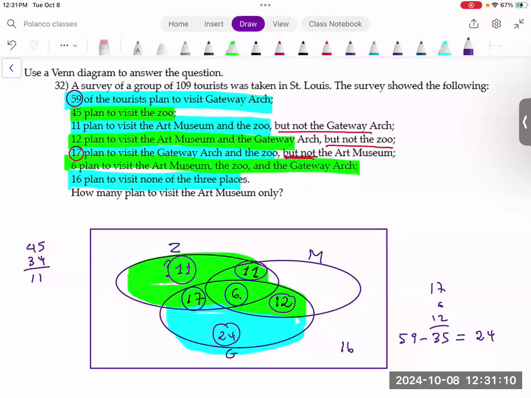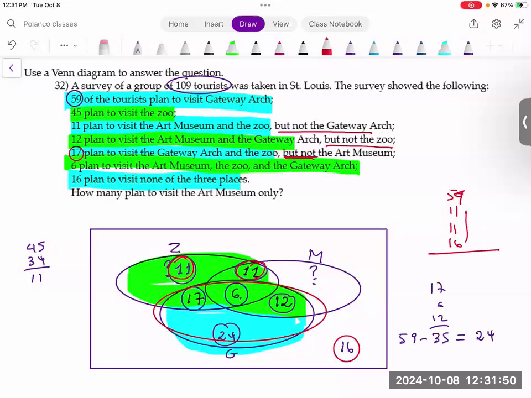So far, so good. So now we are missing only this number over here. And that number is, we don't know, but we have the indication that 109 tourists. All right, so 109, what does it represent? The whole box, right? So if you add all the numbers, they should be 109. So let's see what we got here. This circle, the gateway, I know is 59, right? I'm going to add to it 11 and 11 and 16, right?